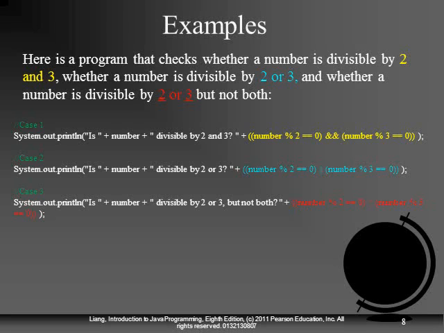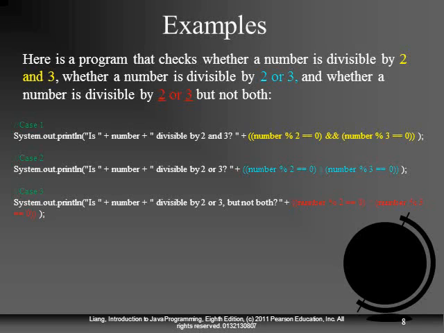Okay, here are some interesting code examples of using Boolean expressions. Note that the Boolean expressions are contained within parentheses, and in this particular example, the two Boolean expressions that we are testing are also contained within a set of parentheses, so we have some balanced parentheses here.